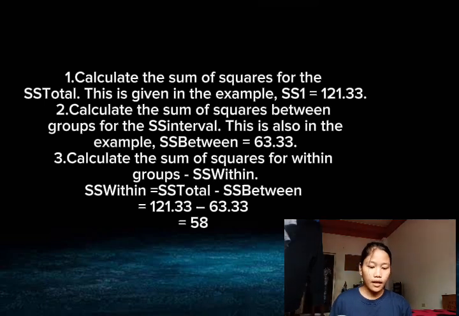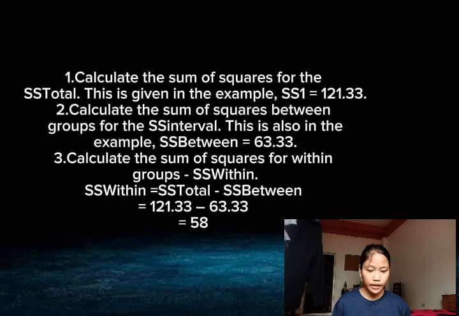Number 1, calculate the total sum of squares, called SS total, which measures the overall variation in the data. Number 2, calculate the sum of squares between groups, or SS between, which measures the variation of the means for the different groups.